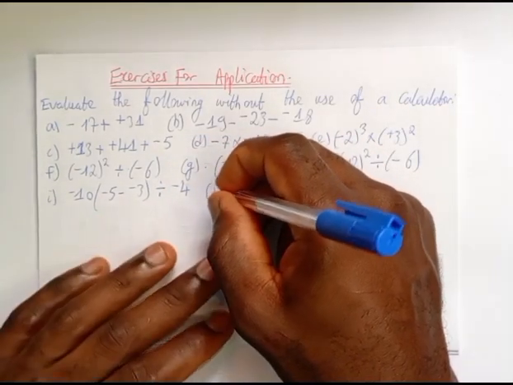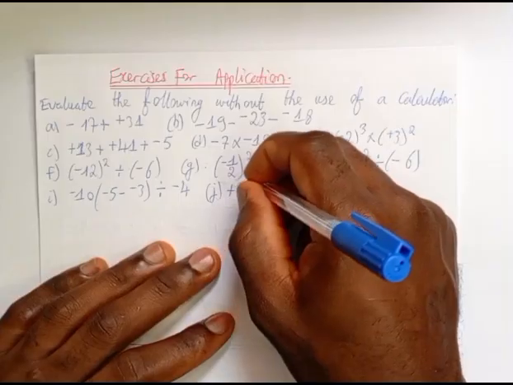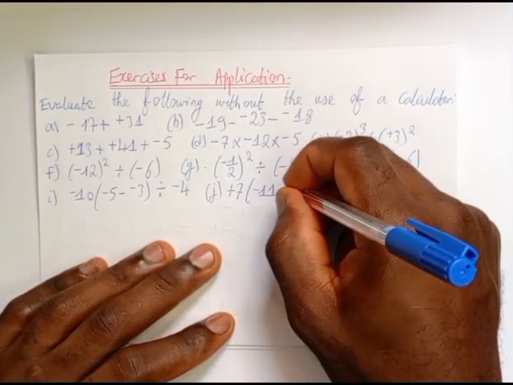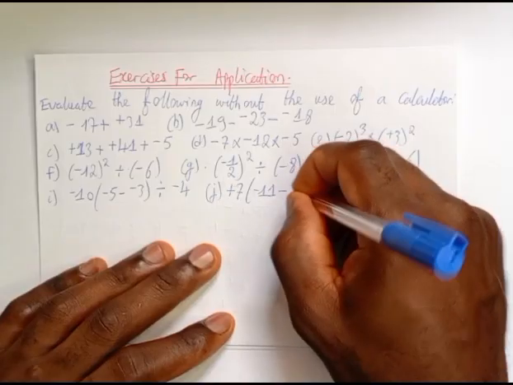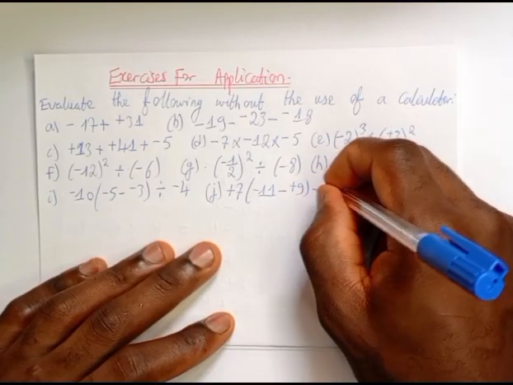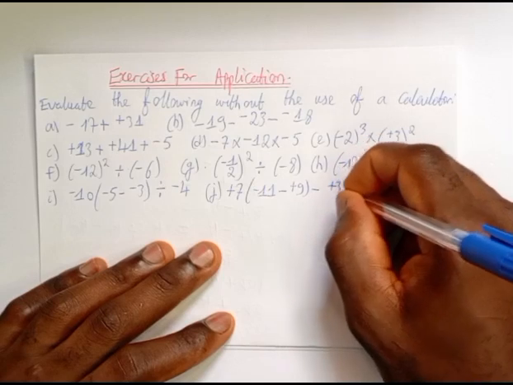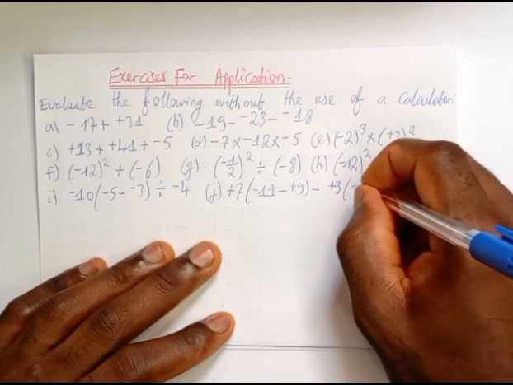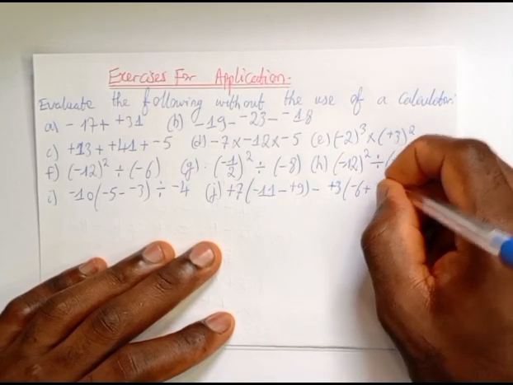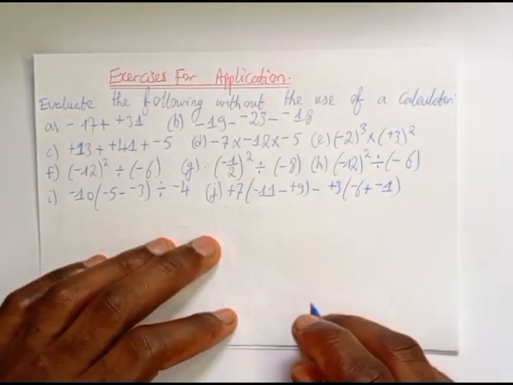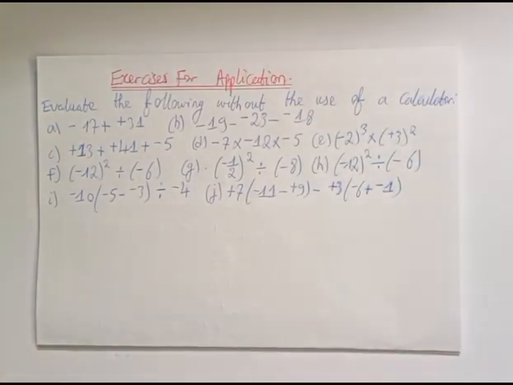J, we have positive 7 times negative 11 minus positive 9 minus positive 3 times negative 6 plus negative 1. These are the exercises for application on arithmetic operations on directed numbers.